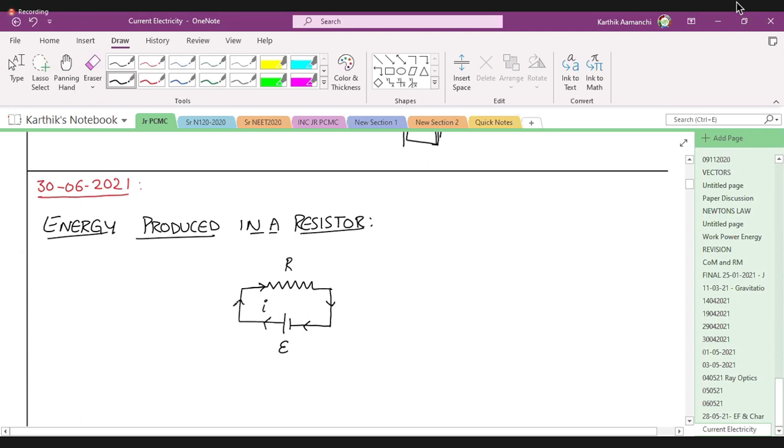Now, I need to calculate the energy produced in a resistor. When there is a potential difference V across your resistor and there is a charge Q going through this resistor, can I say the energy is Q into V?